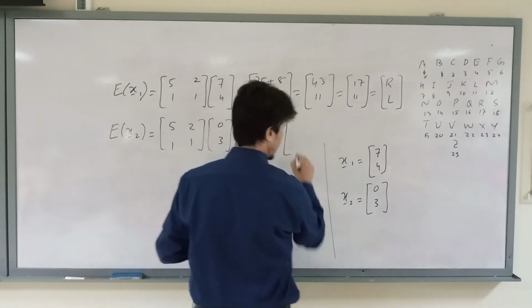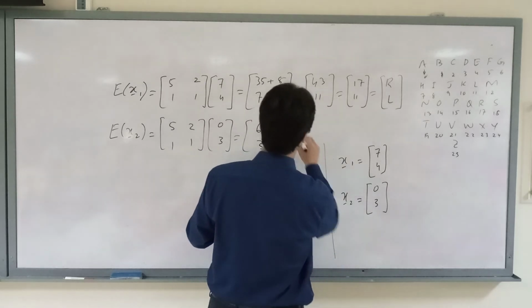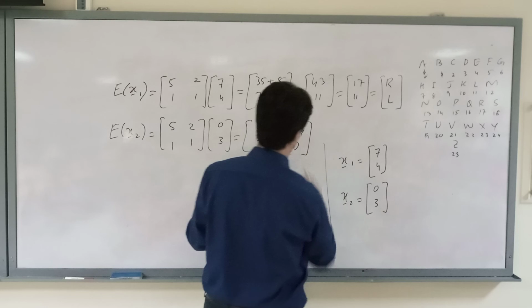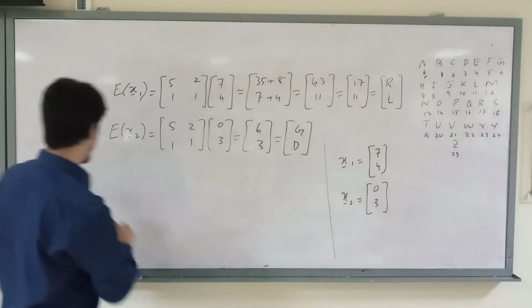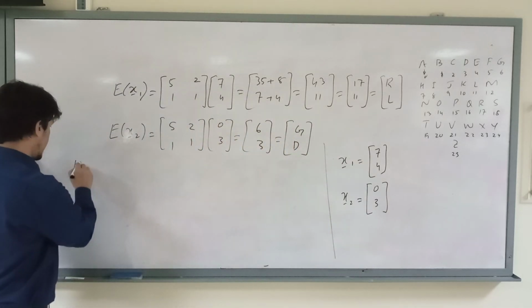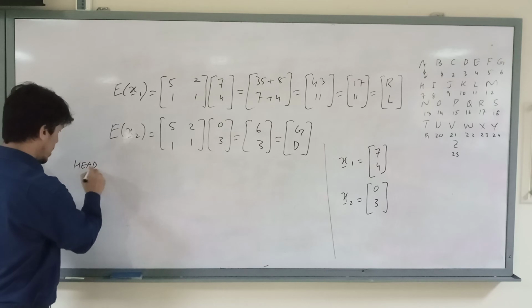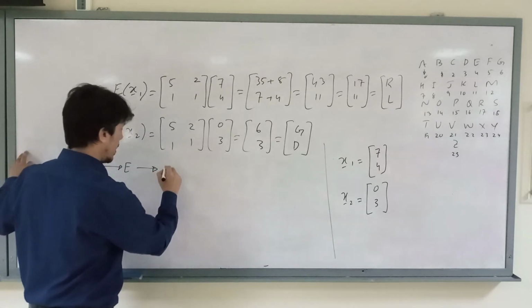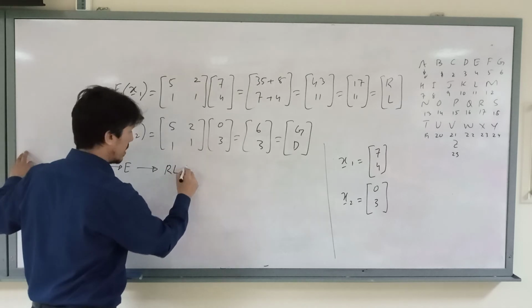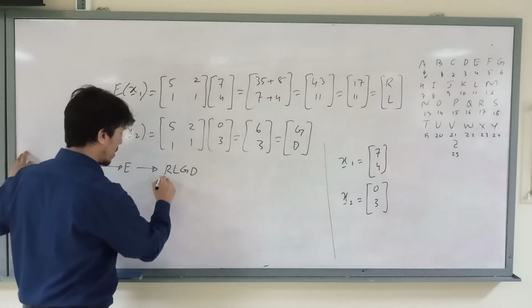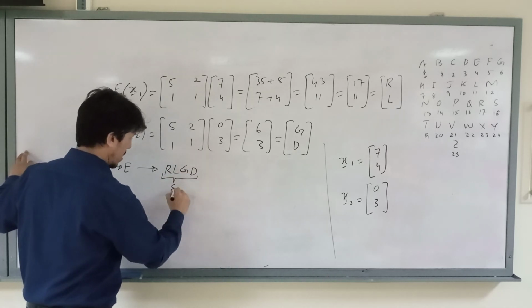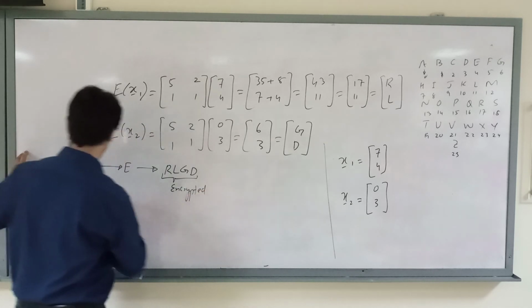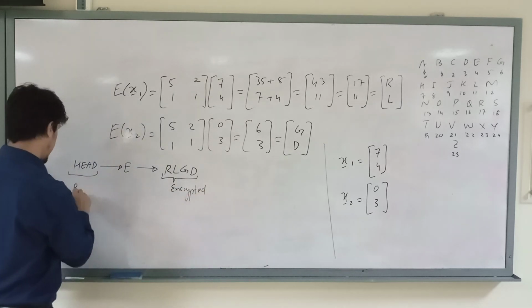So 6 is mapped on G and 3 is mapped on D. So ultimately, HEAD, if you pass it through E, you will get R L G D. This is your encrypted message, and this is the plain text.